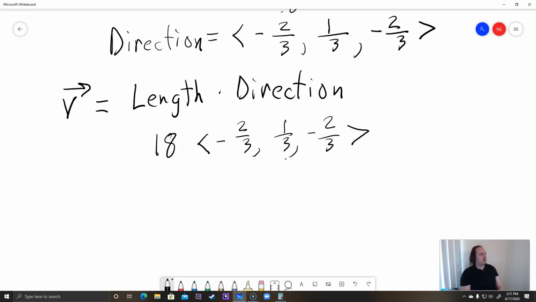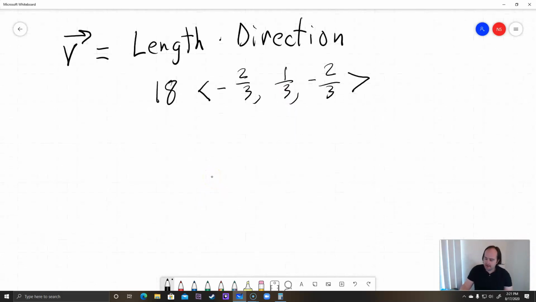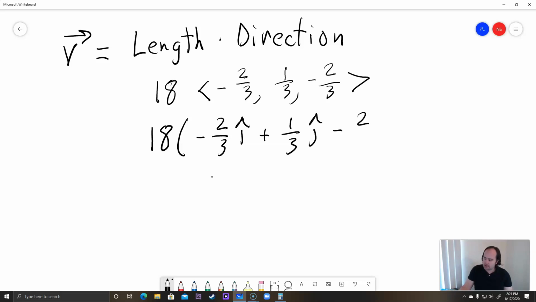Okay, and they want us to express our answer in terms of unit vectors. So at the very end here, I'm going to rewrite it as 18 times parentheses, negative 2/3 i hat, plus 1/3 j hat, minus 2/3 k hat.